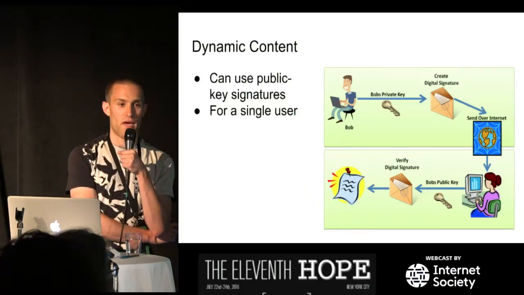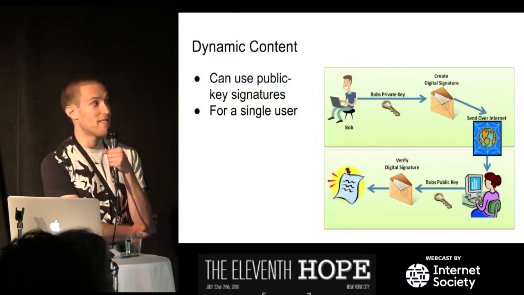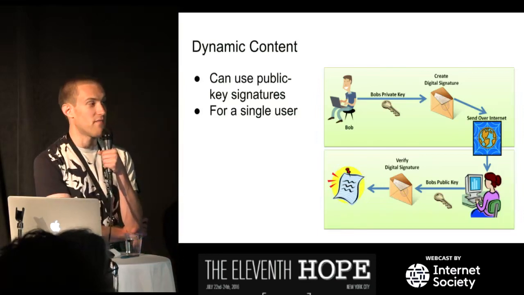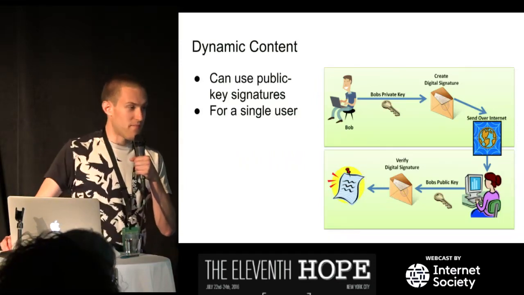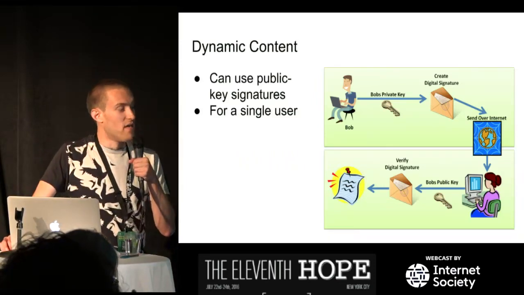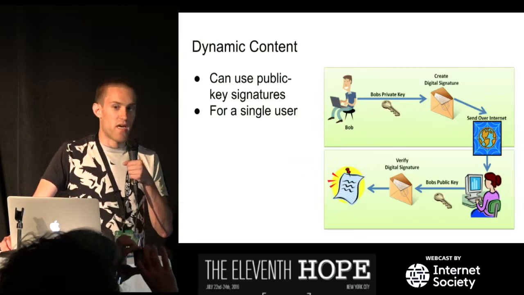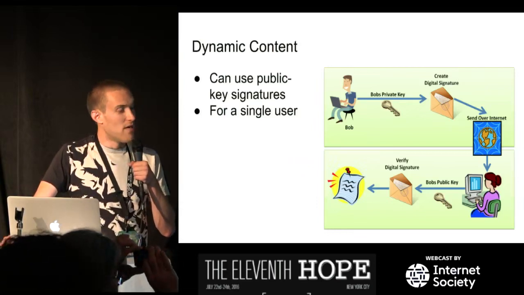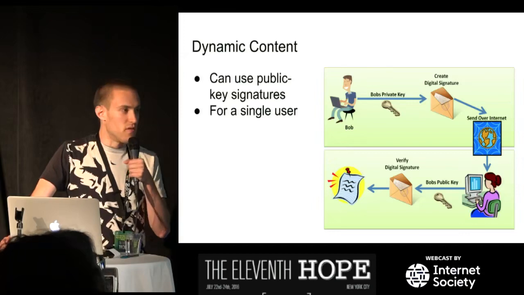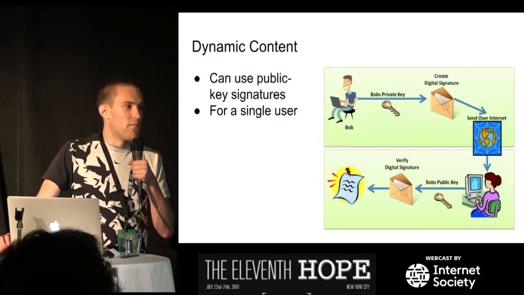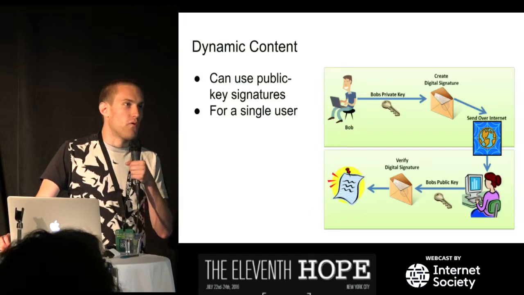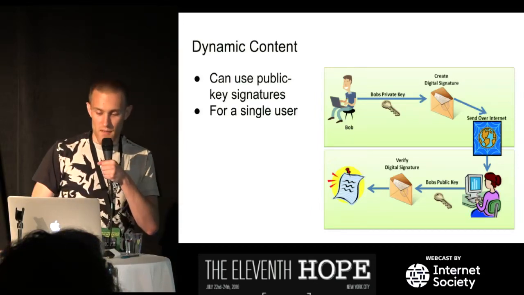And when he wants to write something, he can sign it using his private key and distribute it. And anybody who has the public key can verify that what he signed was authentic. And this typically is used by only a single user. It doesn't scale up to groups of arbitrary size very well.